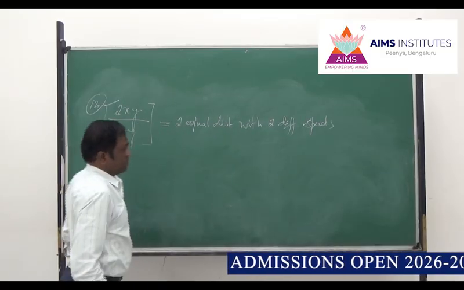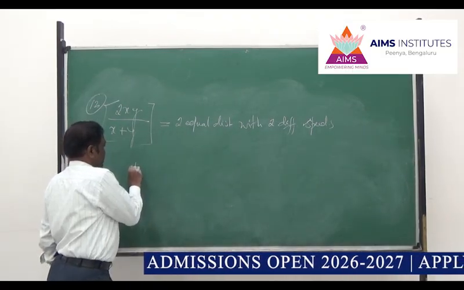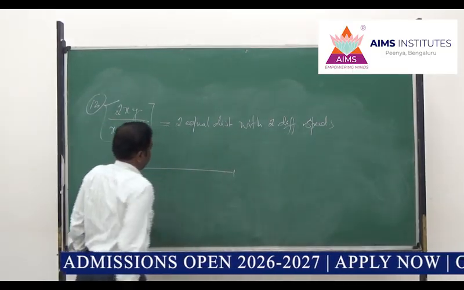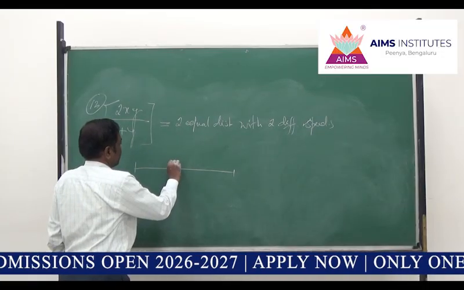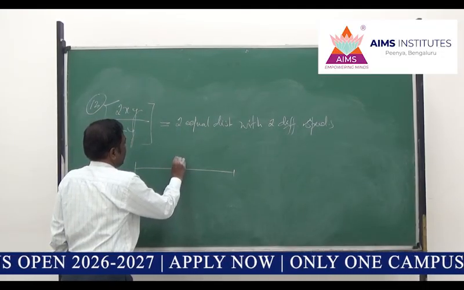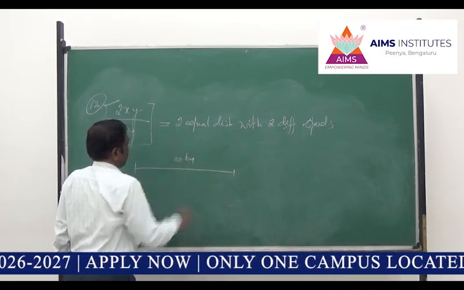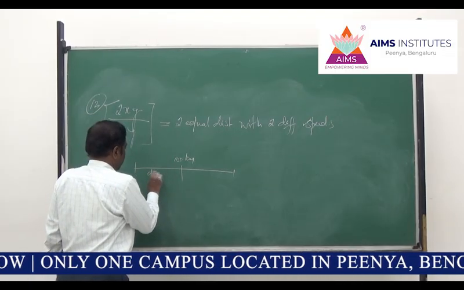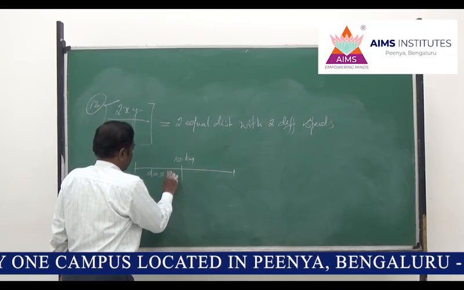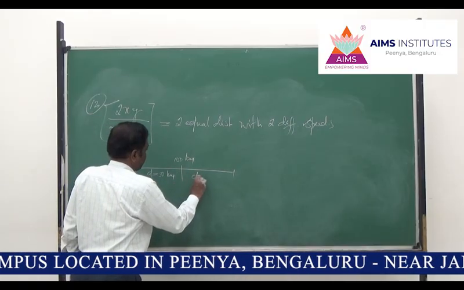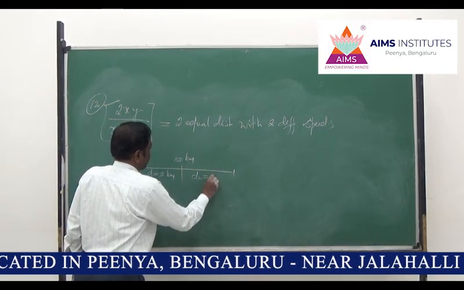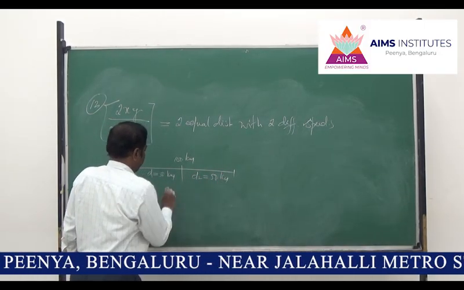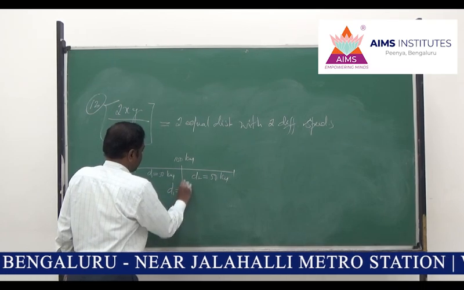Say, for example, this is the distance, about 100 kilometers. And distance 1, D1, is 50 kilometers, and D2 is also 50 kilometers. It means D1 is equal to D2.